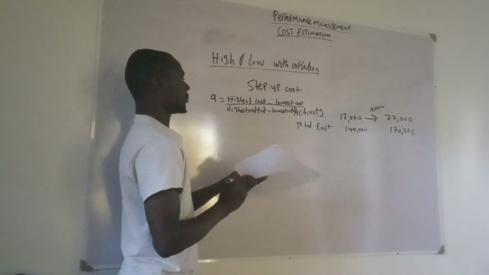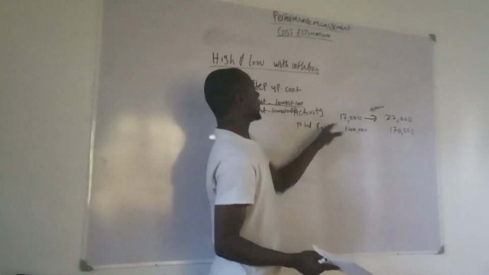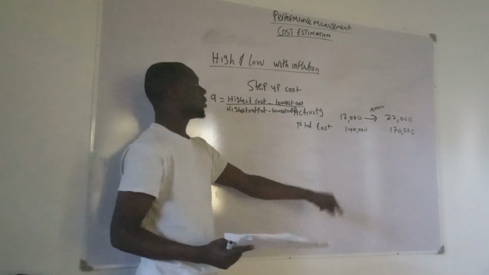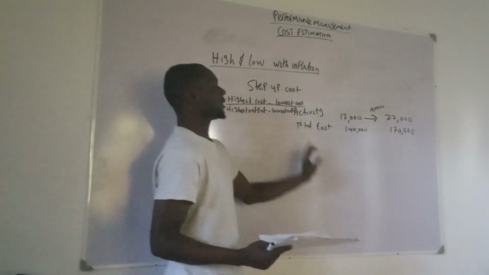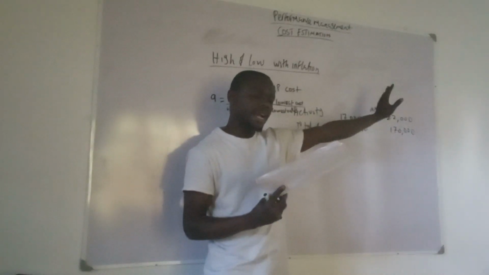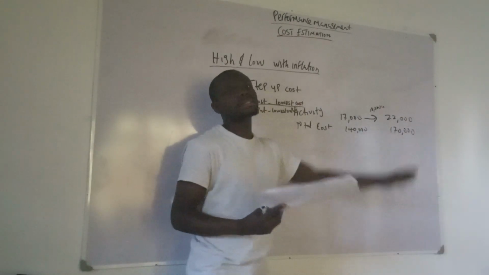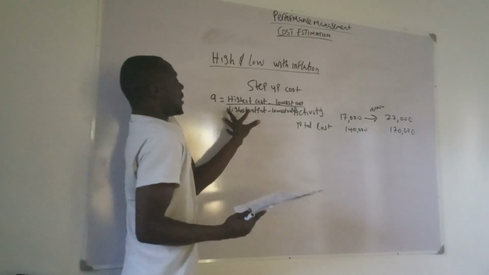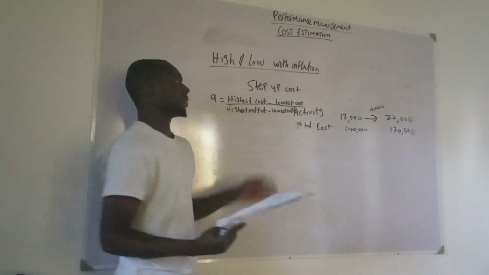Now don't forget, we have to effect the inflation, the step up cost of 5,000. In this case, it will actually affect this. Now how do we do that?